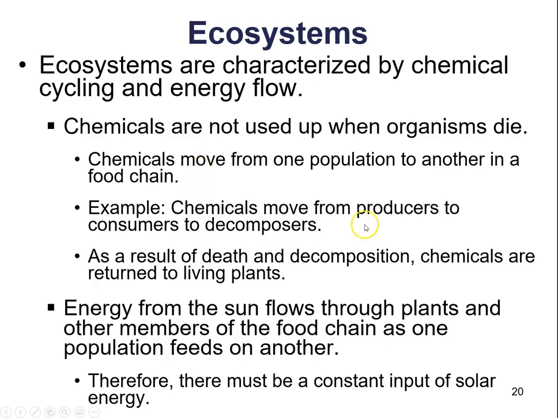So example, chemicals move from producers like plants that photosynthesize, like we were just talking about, to consumers like animals that eat the plants, to decomposers. I don't know if you can stop and think about an example of a decomposer in the ecosystem.